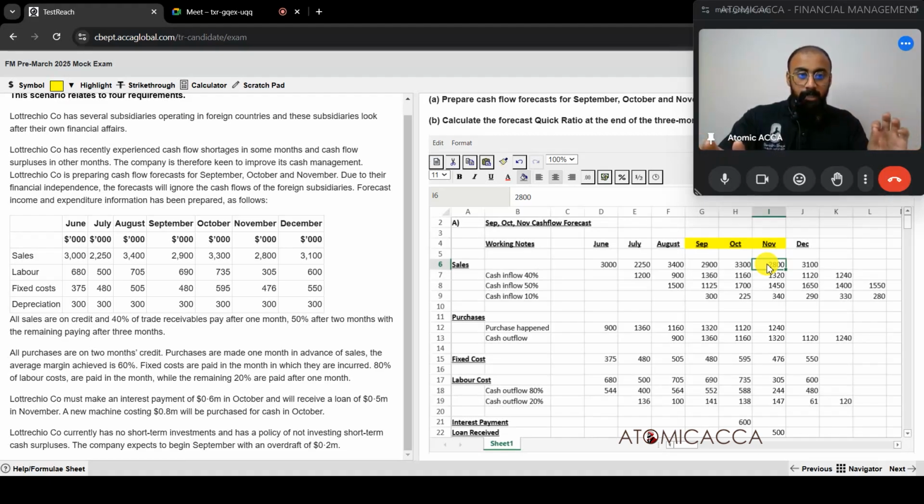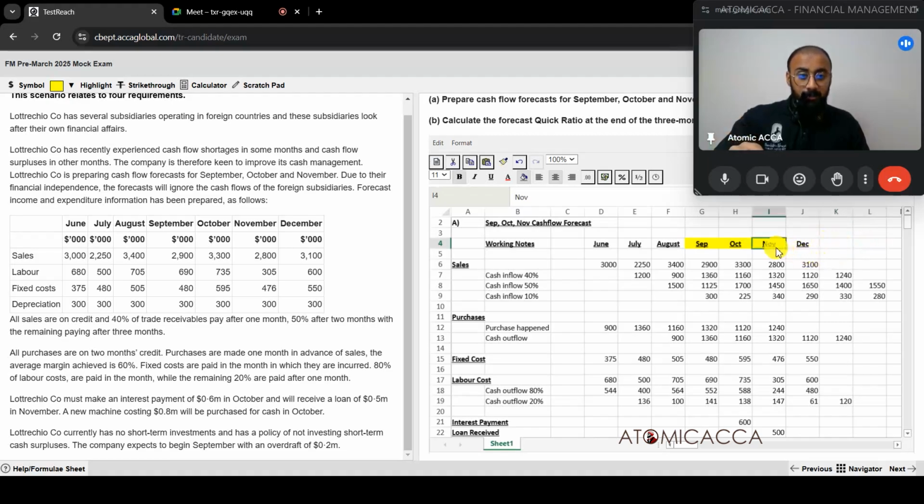Correct? Now, if we talk about September, we'll get 40% over here, 50% over here, but 10% is coming only in December. So that is also pending. For November, the whole figure is pending because 40% will be here, 50% is here, 10% is here.